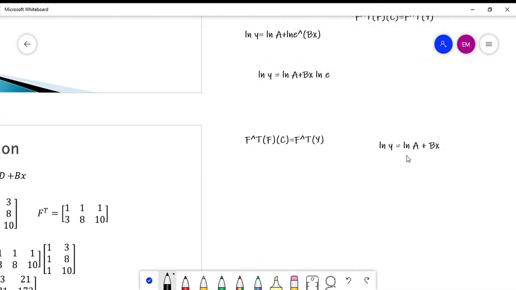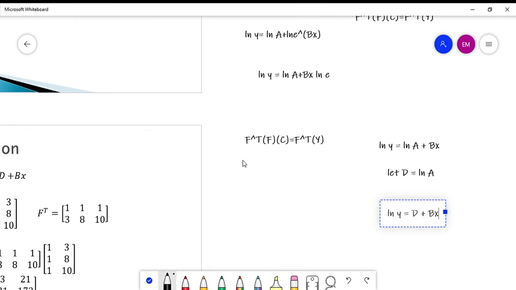Pero, kani ang ln of a, pwede ta mag-let para dili samok iyang itsura nga ln of a. Let d equal to ln of a. So, with that, nahimo na ta ln of y is equal to d plus bx. So, we formed a linear equation.